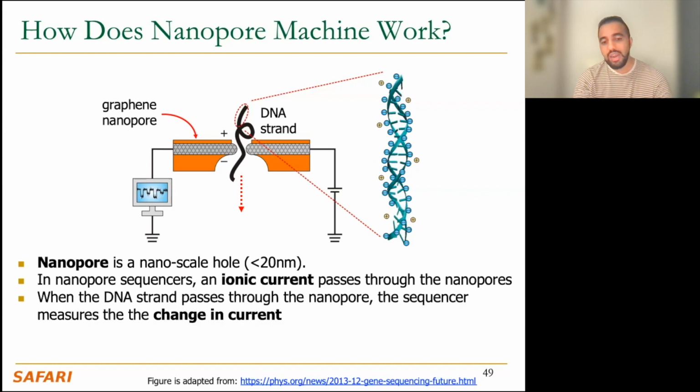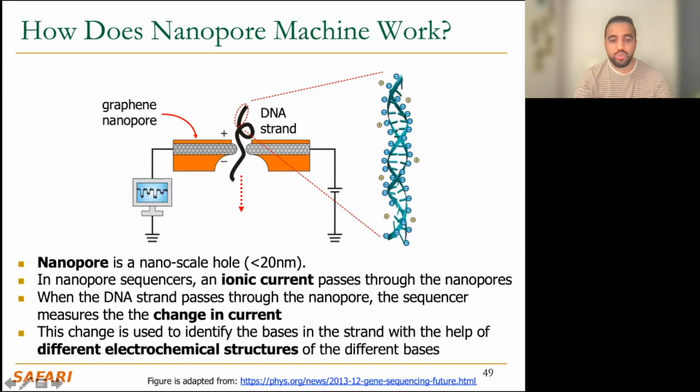When the DNA strand passes through the nanopore, the sequencer measures the change in current. This change is used to identify the bases in the strand with the help of the different electrochemical structure of the different bases. Basically the hydrogen and the other atoms in each of these bases will affect the amplitude of this electrical current.